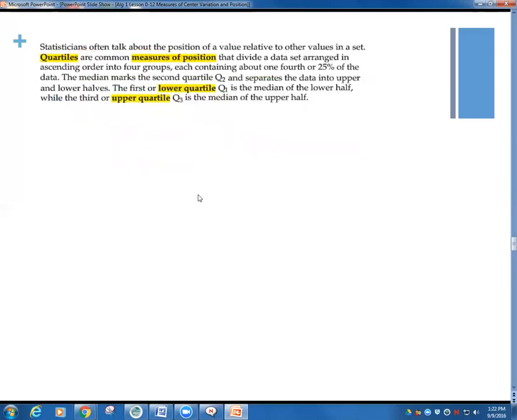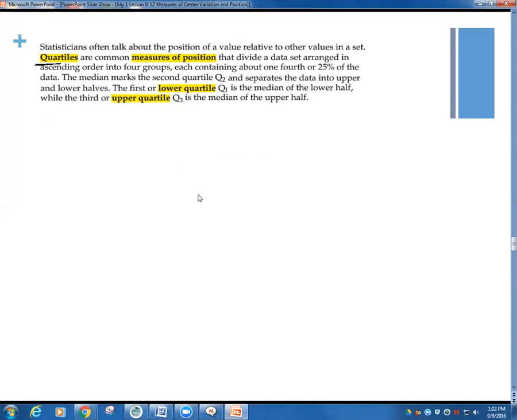Statisticians can often talk about the position of a value relative to the other values in a set. So quartiles are common measures of position. And when you see a word with quar in it, like quarter, quadrilateral, quad, that implies 4.